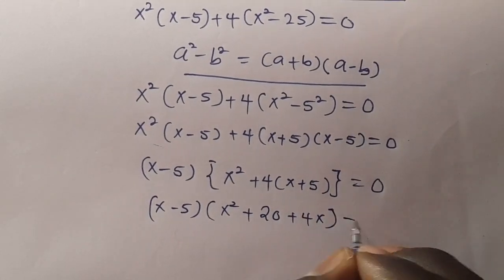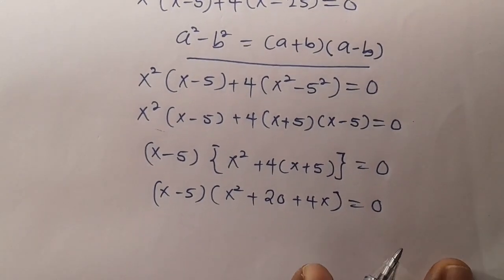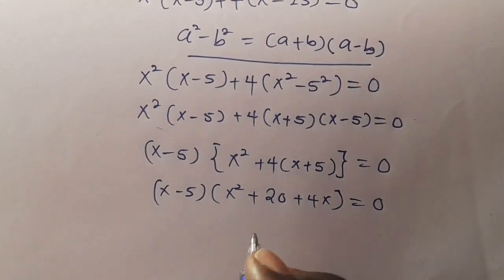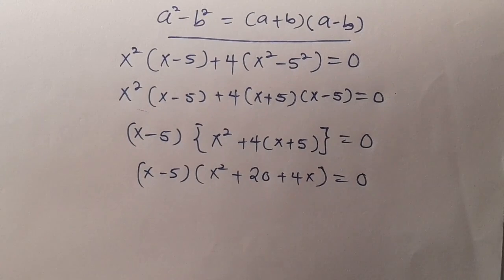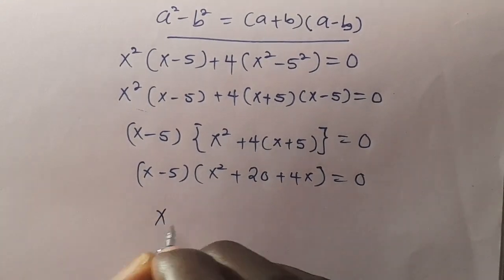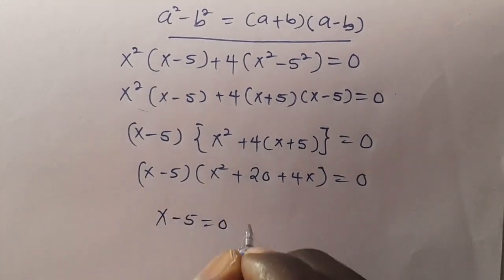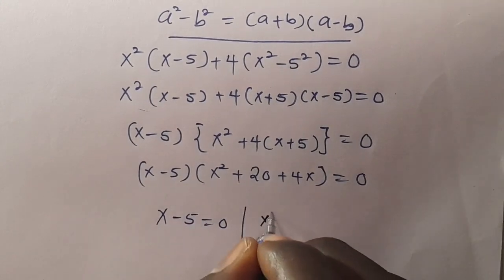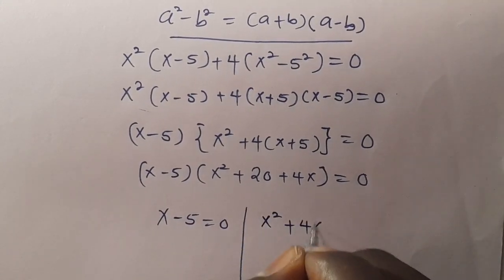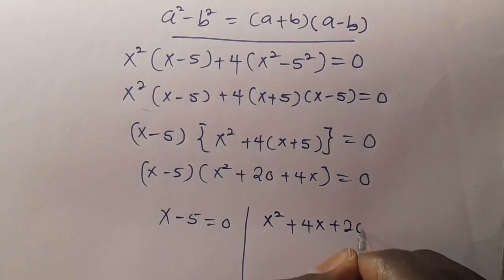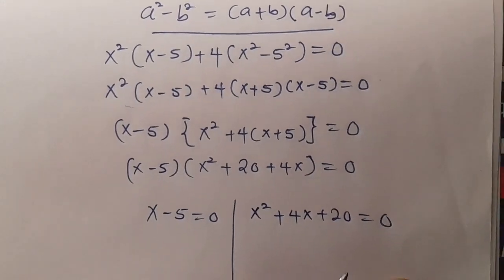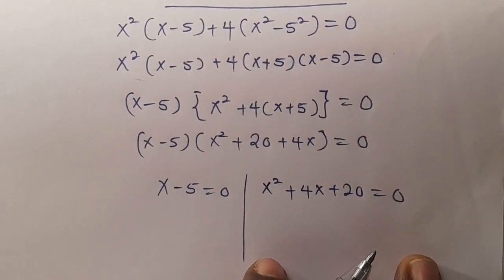then equals 0. Now from here, either we have x minus 5 equals 0, or we have x squared plus 4x plus 20 equals 0.